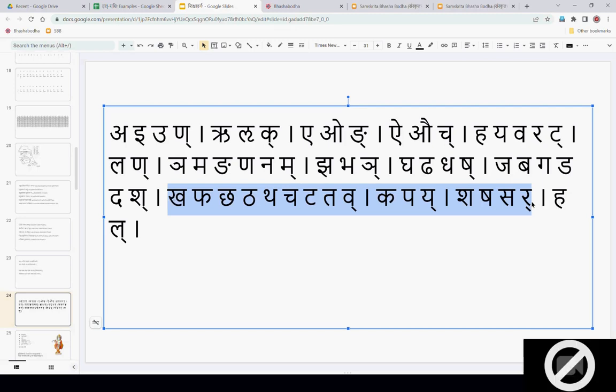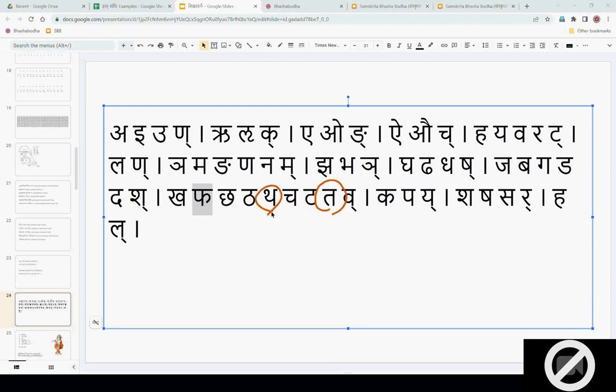So in this pratyahara, or this string of letters, ka is also there, kha is also there, and pa is also there, pha is also there. And then what else? Cha is there, chha is there. Then ta is there, tha is there.